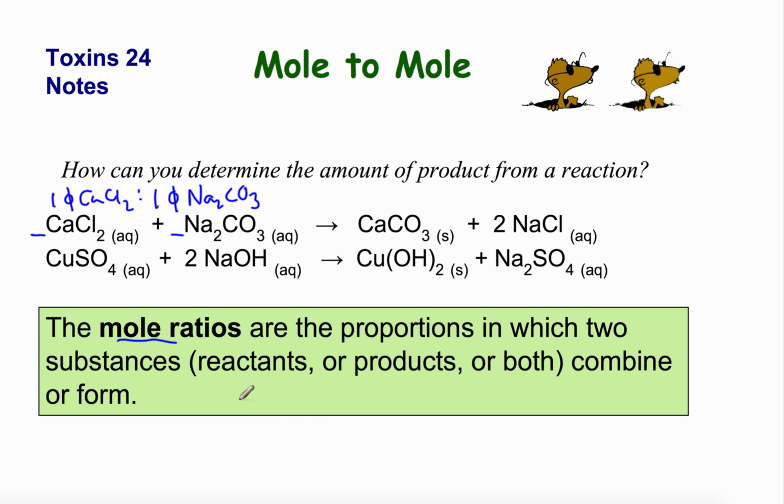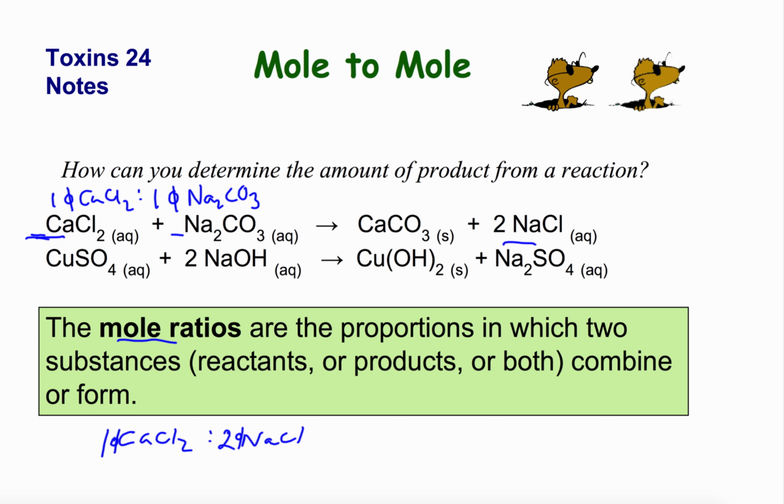However, for the mole ratio of calcium chloride and NaCl from the same equation, 1 mole of calcium chloride would produce 2 moles of sodium chloride. Every 1 mole of these would make 2 of these. So if I put 2 moles of calcium chloride in, I'd get 4 moles of sodium chloride out, because for every 1 mole of calcium chloride, there are 2 moles of sodium chloride produced.